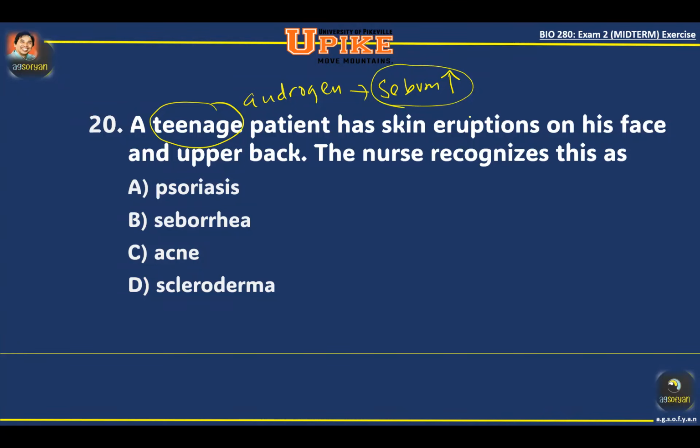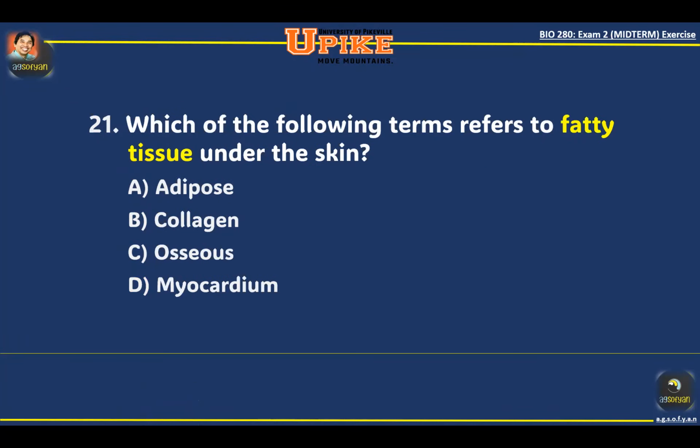So the infection caused by bacteria is called acne. Acne is mostly present in teenagers when they reach puberty because they produce a lot of androgens. So this is acne. Which of the following terms refers to fatty tissue? We already mentioned that: adipose. So the answer will be adipose tissue.